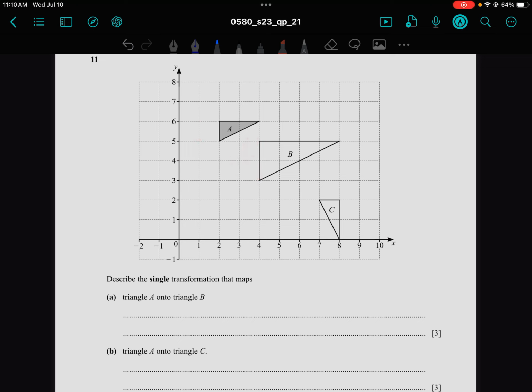So we can write here that triangle A onto triangle B, it is called an enlargement.